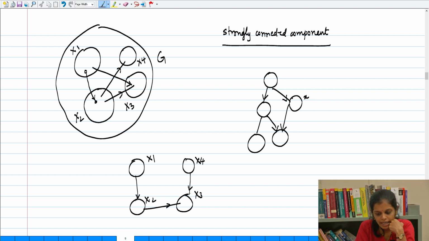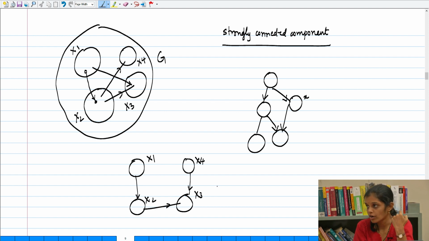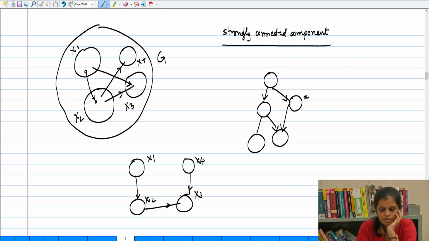Okay, so suppose I actually happen to know what a sink strongly connected component is. Suppose somebody tells me that these vertices belong to the sink strongly connected component, and I happen to pick a vertex inside that and start my exploration, right? Then what vertices will you see? So let's say that in this case x3 is a sink strongly connected component.